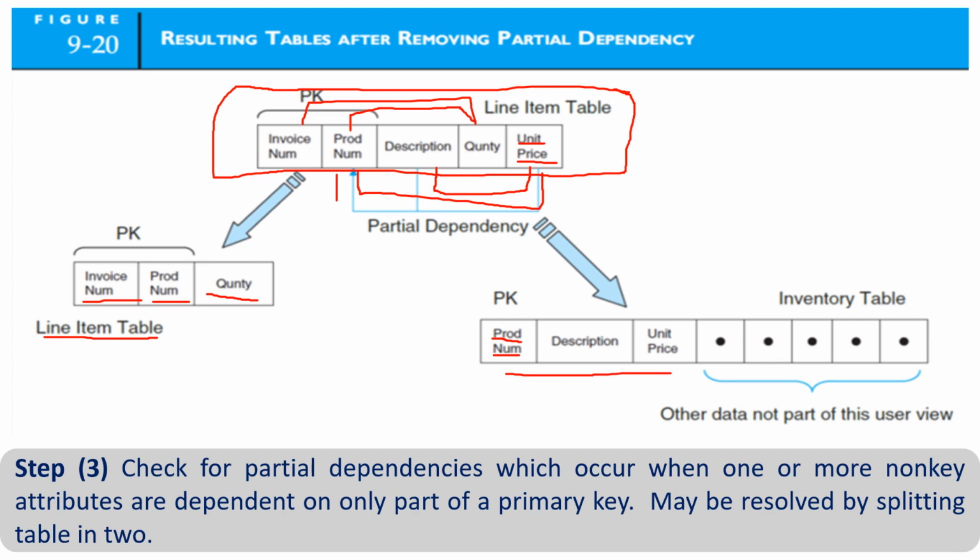And then we bring this information from the details about the other data not part of this user's view. It is related to the inventory table. Let's say the date of shipment, more description or something about the product in the inventory. Okay, so by this we made the requirement for second normal form table.